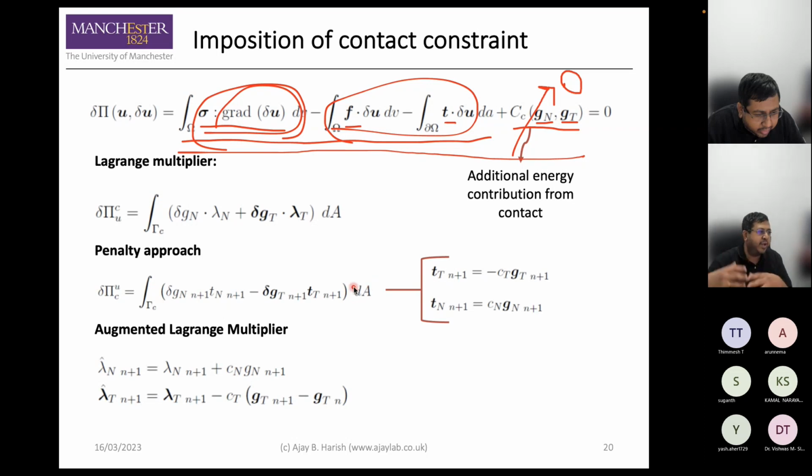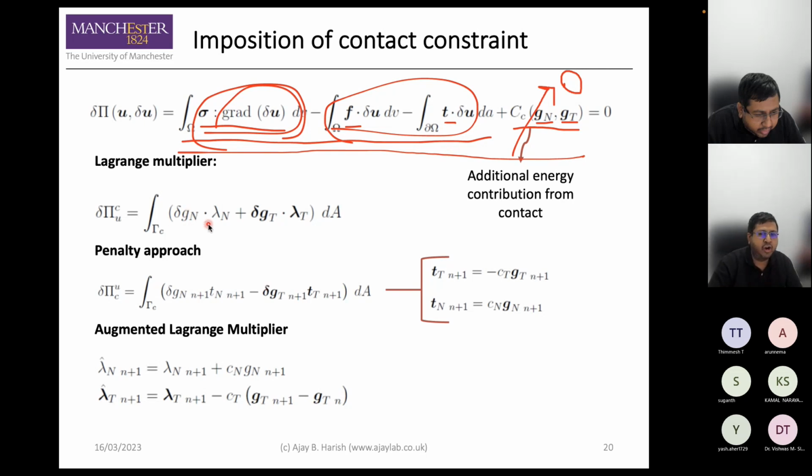So if you have Newton per meter square and integrate over the area, you get some form of a force. Now this force times our virtual displacement in the normal and tangential directions gives us the work done if I move the body by a small amount delta Gn in the normal direction or delta Gt in the tangential direction, right?